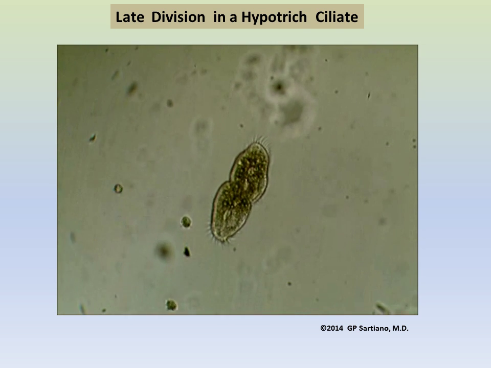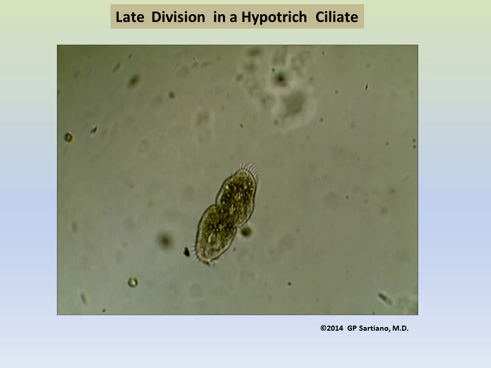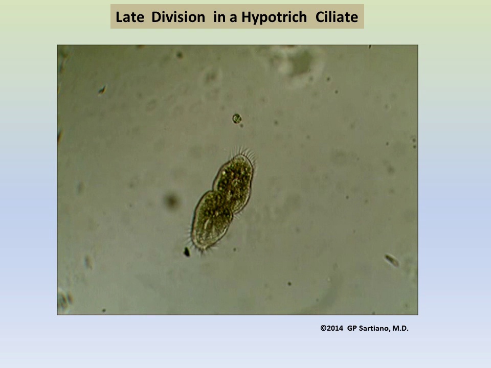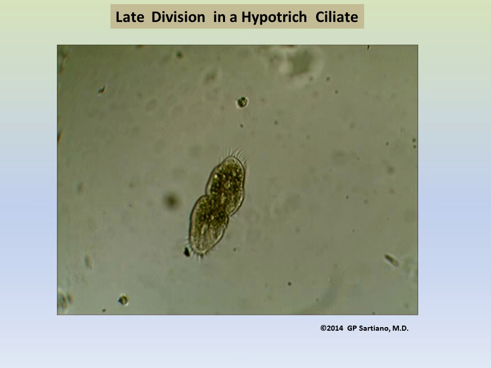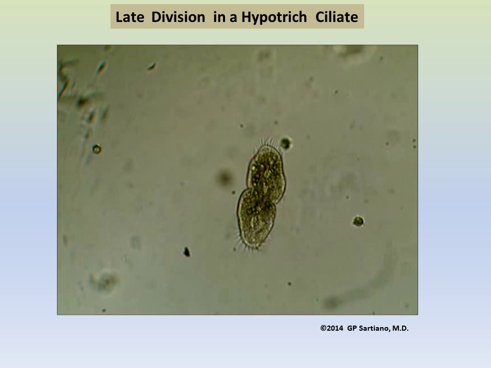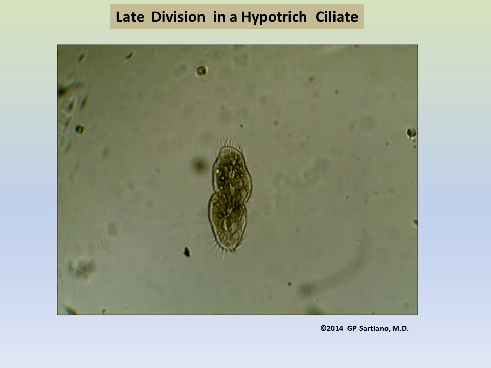Note that the actions of the two sets of cirri of the adoral zones are surprisingly well synchronized. Note that the crease or waist of the conjoined organisms is becoming progressively narrowed.